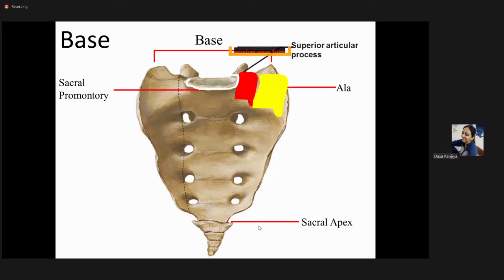You can write in the chat box what is the type of this joint. The joint between the articular processes of vertebrae. Which type of joint is it? Yes, it is of the plain synovial joint. So just like that, this superior articular process of the base of the sacrum articulates with the inferior articular process of 5th lumbar vertebra, and that is of the plain synovial joint.